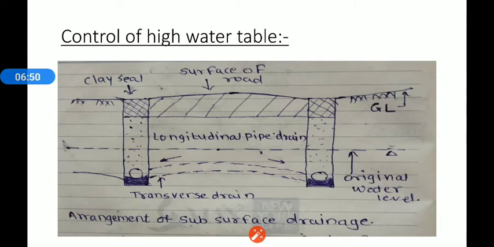In case of relatively less permeable soil, the lowering of the groundwater table is done. In this situation, transverse drains also have to be provided below the surface of the road, as we see in the dotted line in the picture.